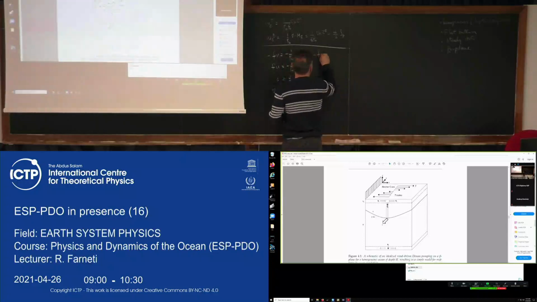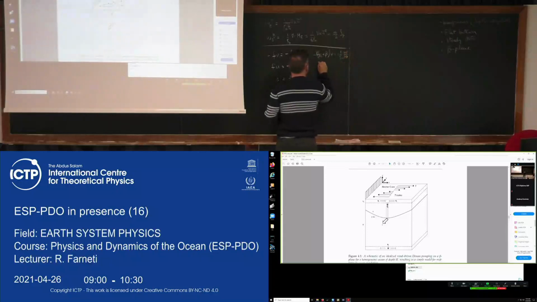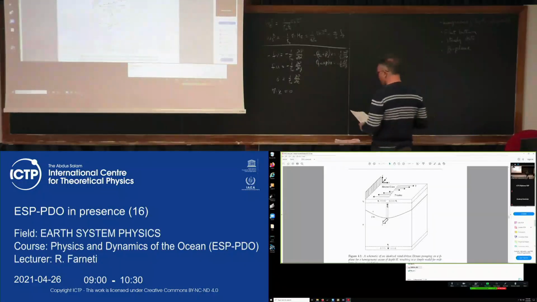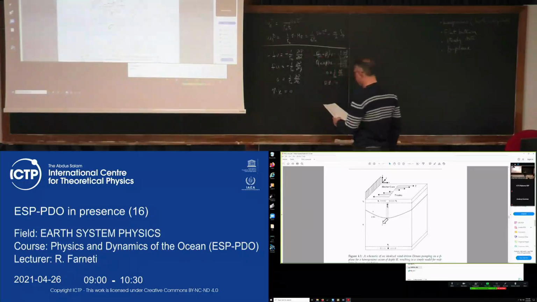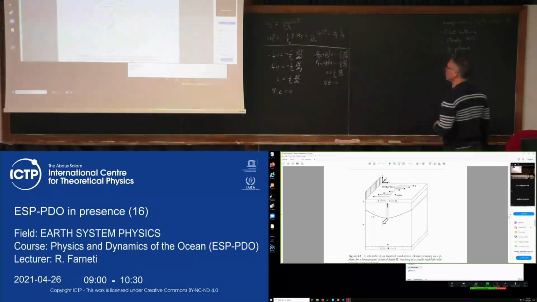If we use the beta plane, this is the momentum equations, and again vorticity, and continuity. We have simply changed the expression for f with the beta plane approximation.